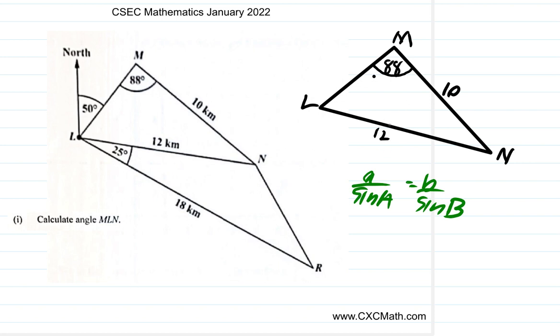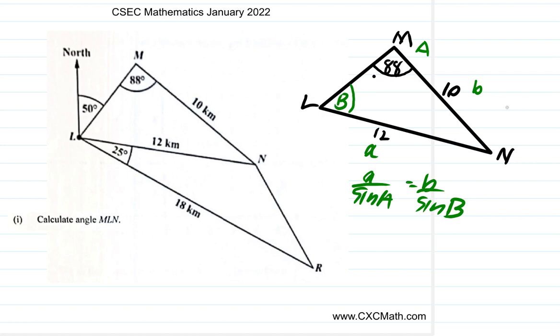Now, we might consider this side as our a, the 88 as our angle A, this 10 as our b, and the angle here as our uppercase B. Alright?